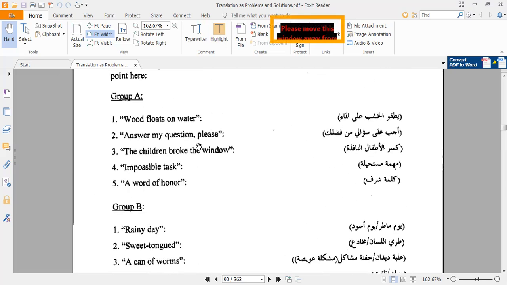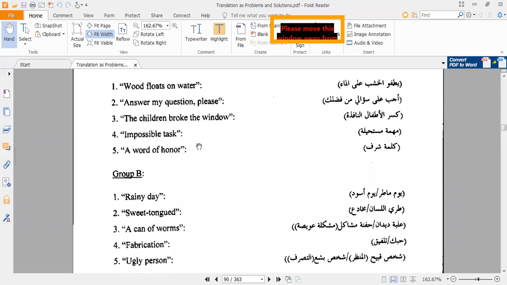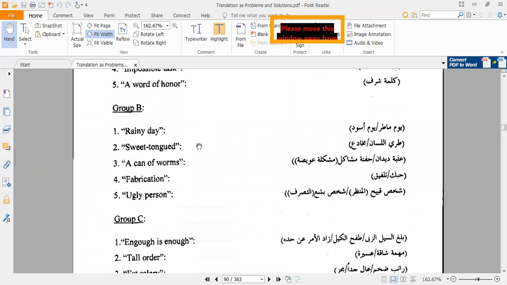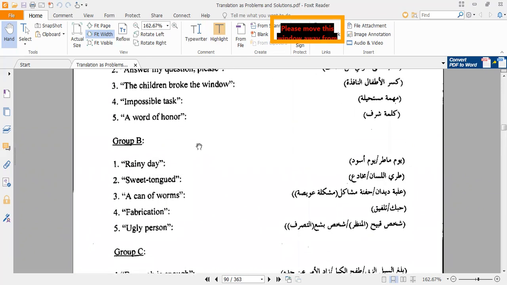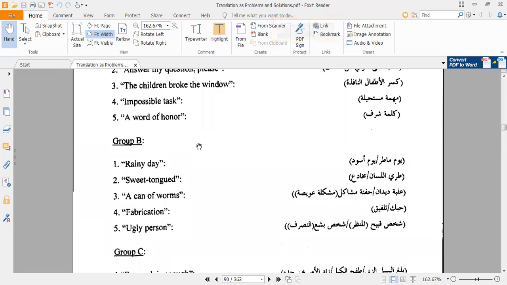The first group, grammatical issues are acceptable, that can give us a correct or acceptable translation, while group B has the same expression with two different levels.